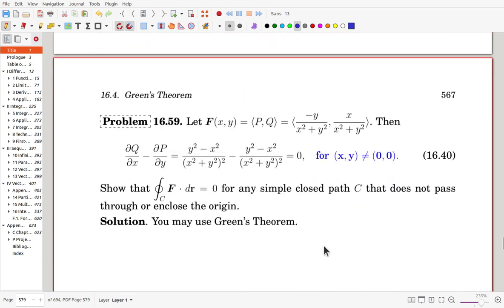Here we have a vector field F of x, y equals P, Q. P is this one, and Q is that.